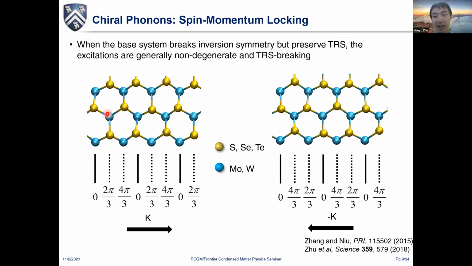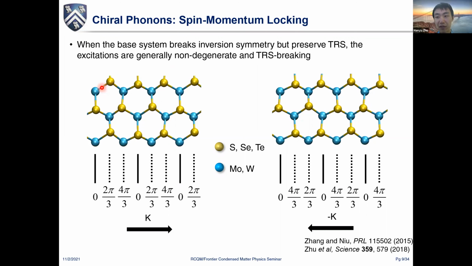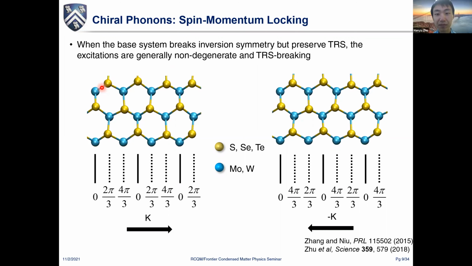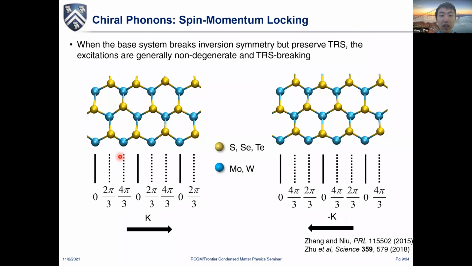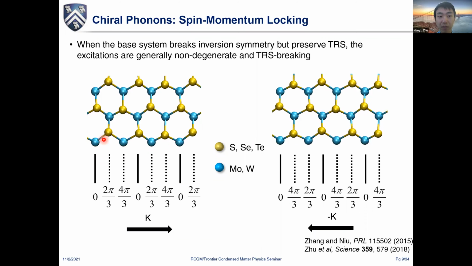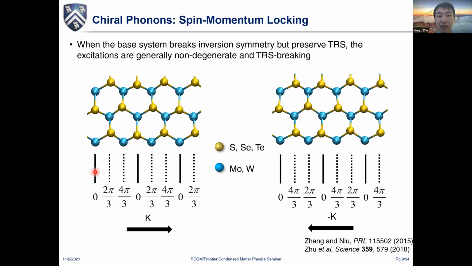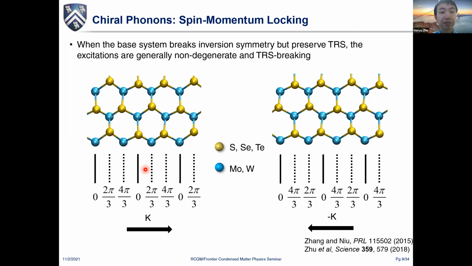So here, we have a hexagonal lattice, and we have AB sites. Now, we want to say that these A and B sites are no longer the same, they're actually different atoms. And then we look at the specific mode, the so-called K or minus K mode, where the plane wave propagates along these atomic lines. These are the phases of this plane wave.